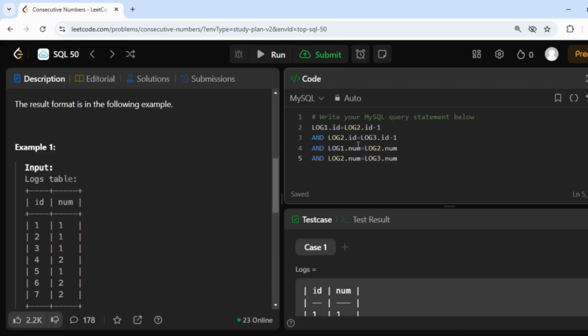So for every ID, I will check the num values. This is the whole logic.